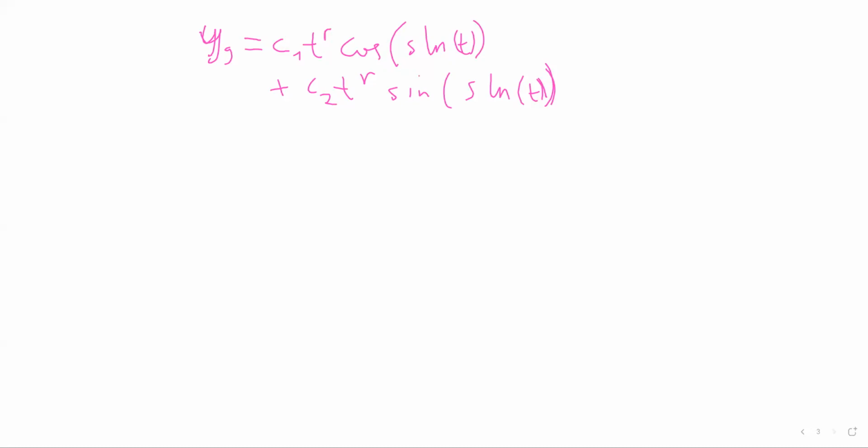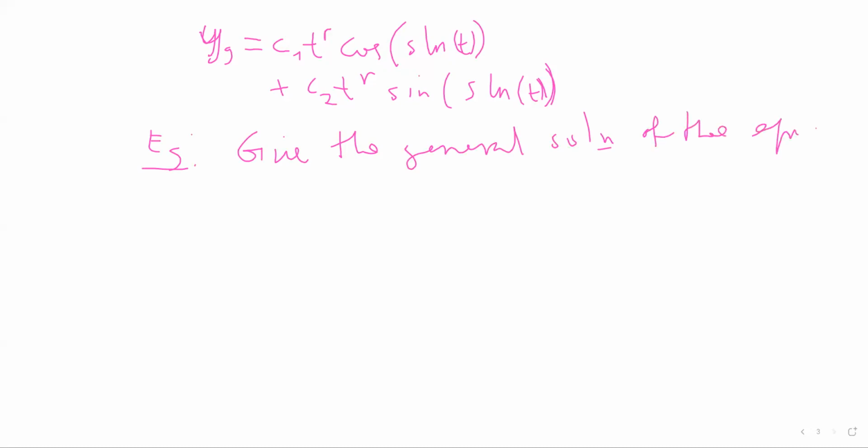Okay, so now we will take an example. Let's take an example: give the general solution of the equation x squared y double prime minus 3x y prime plus 3y is equal to 0.